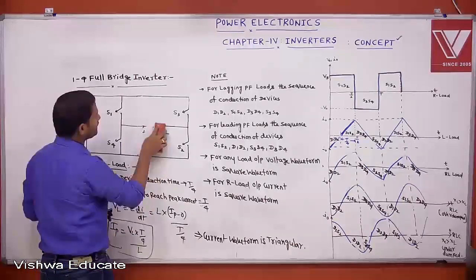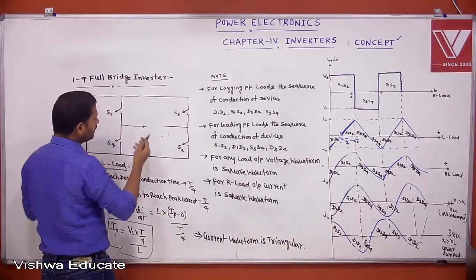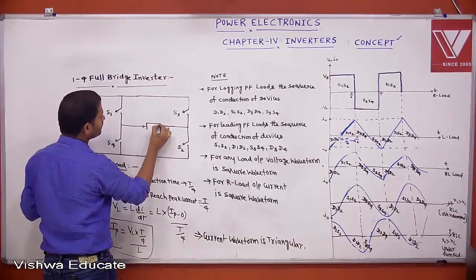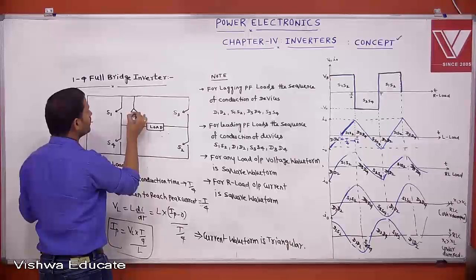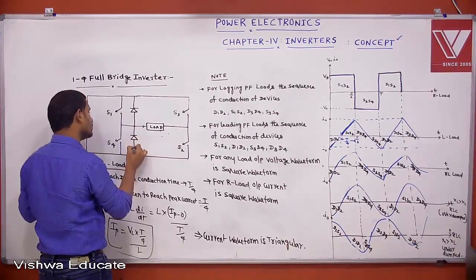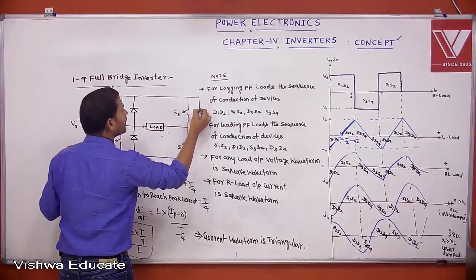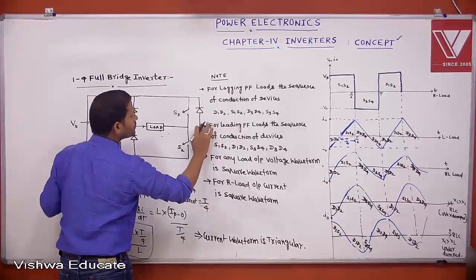You know that except for R load, for the remaining loads, what are we using? Feedback diodes. This you already know, no need to draw. Except for R load, for the remaining loads, we are using feedback diodes. With the feedback diodes only, we have drawn those waveforms.